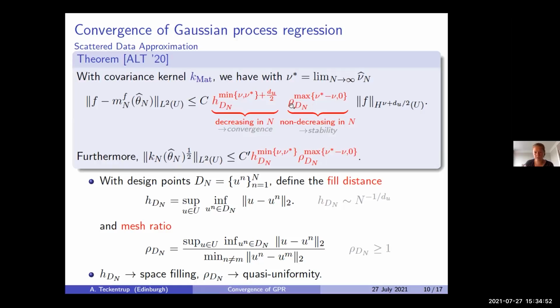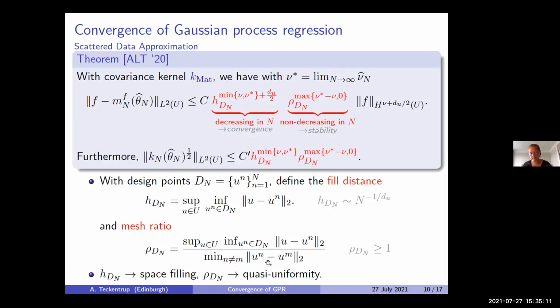Okay, so what exactly is this rho n, the mesh ratio? Let me try and explain. In the numerator, you just have the fill distance again. And in the denominator, you have the minimum distance between two design points.